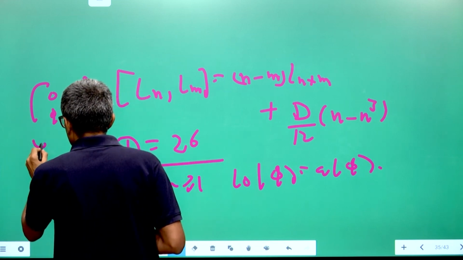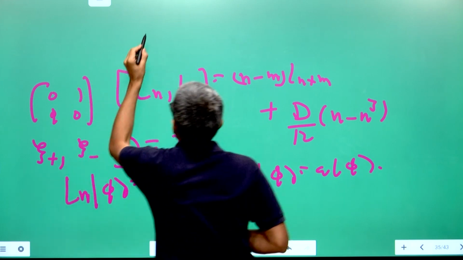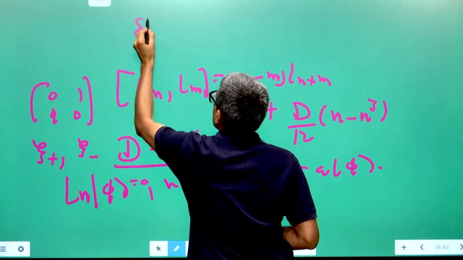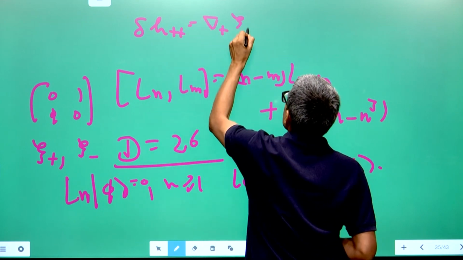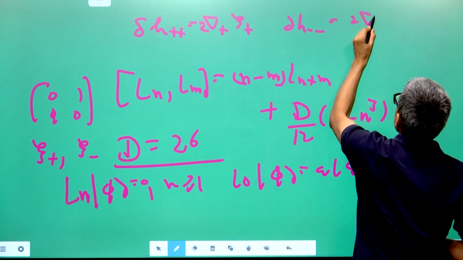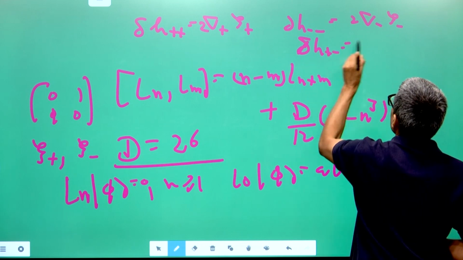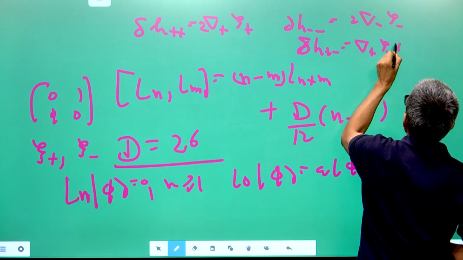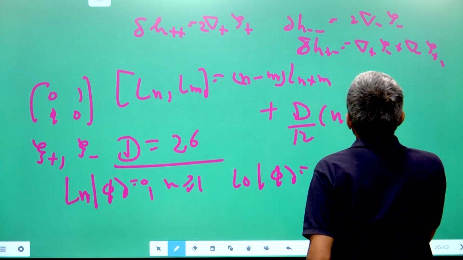So reparameterizations are obtained by using coordinates xi^+ and xi^-. So that, for example, if you look at the Killing form, delta h_{++} will be 2 del_+ xi^+, delta h_{--} will be 2 del_- xi^-, delta h_{+-} will be del_+ xi^- + del_- xi^+, where del_+ and del_- are the covariant derivatives in these coordinates.